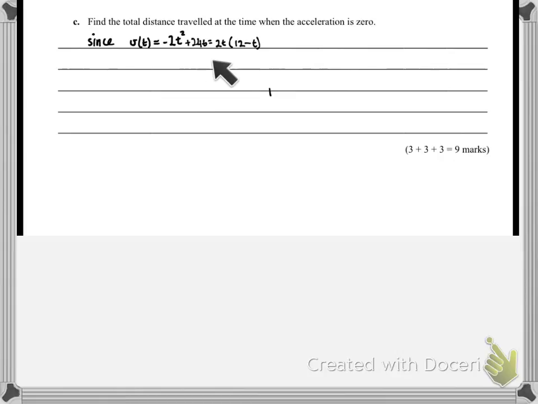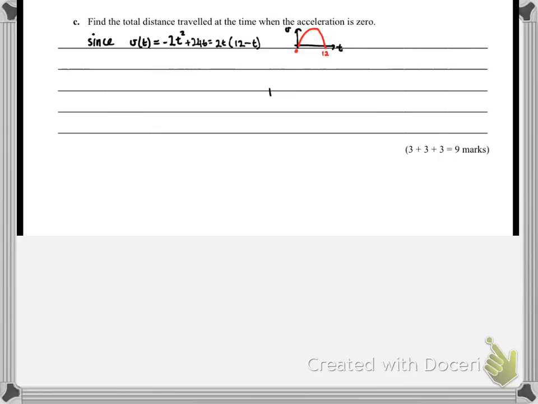Now first off, let's look at our velocity function here. When we factorize our velocity function into 2t times 12 minus t, then we can see we've got a negative parabola with an intersection at 0 and at 12. So the velocity function looks like that as a graph.